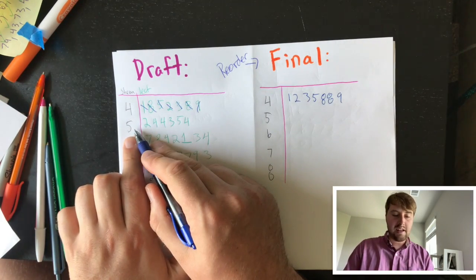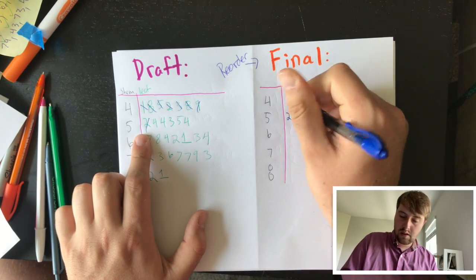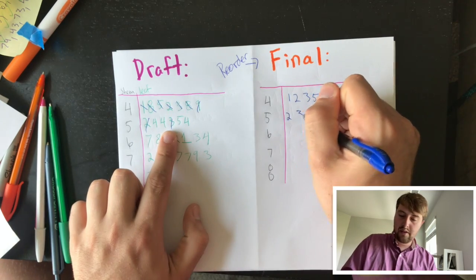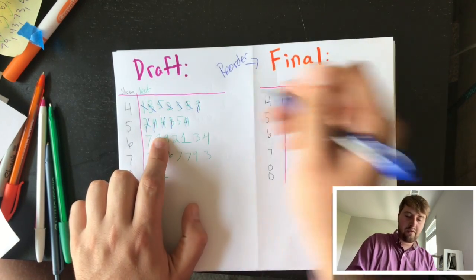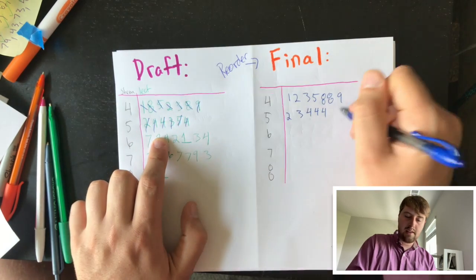Moving down to our 50s, or the stem of 5, we have a 2. I'm going to make sure to line mine up under what we had written above it. Then a 3, 3 4s, and then a 5.